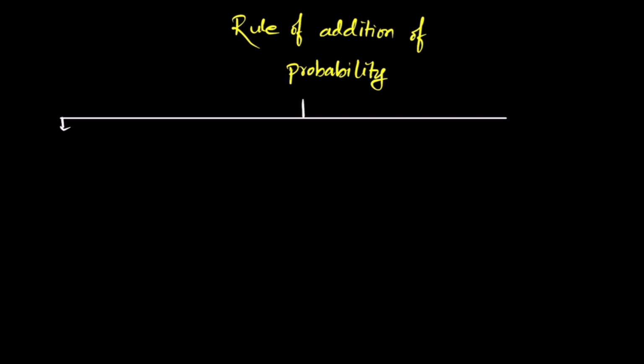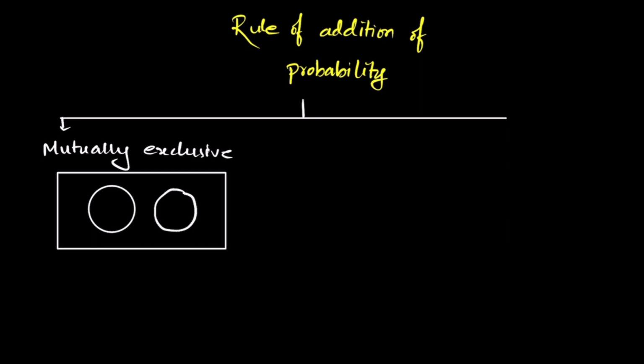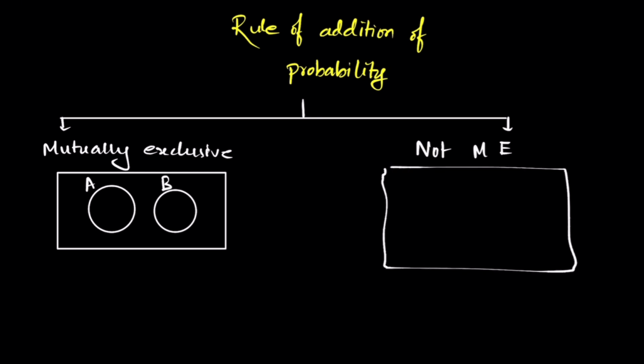One situation is where the events are mutually exclusive. That is, the 2 events don't occur at the same time. If this is event A and this is event B, they don't overlap with one another. And there is not mutually exclusive events where you have events that can occur at the same time.